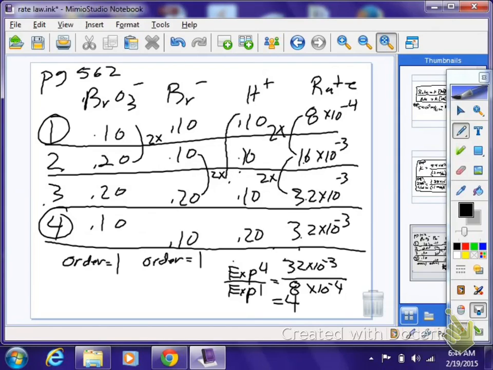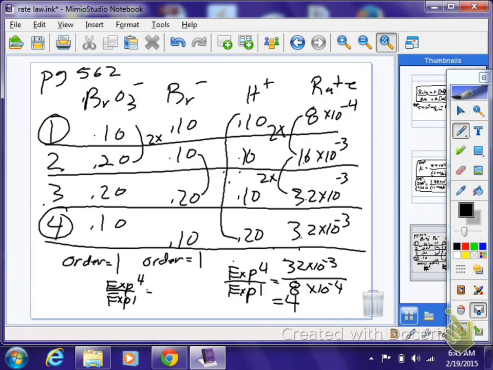I'll go ahead and show this. Between those 2 variables, or those 2 rates, that's a doubling. So H plus doubles. So over here we put experiment 4, experiment 1.